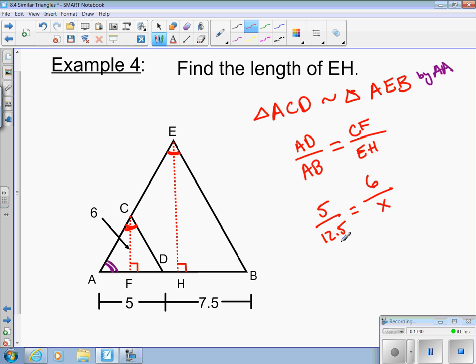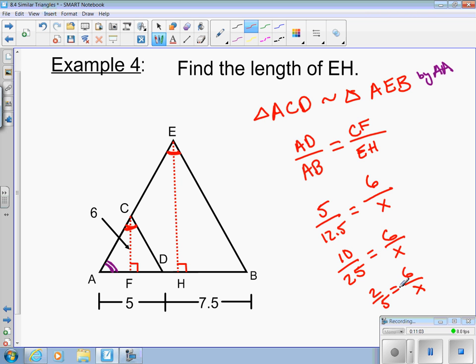I'm going to try to do it in my head here, so I'm going to double this: 10 over 25 equals 6 over x. And reducing this down, you get 2/5 equals 6 over x.